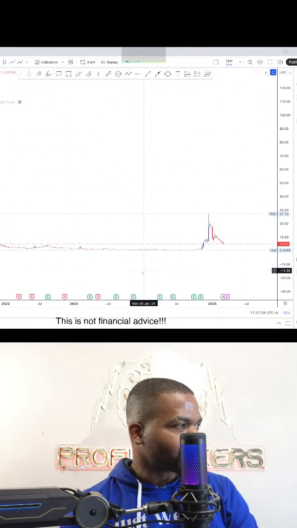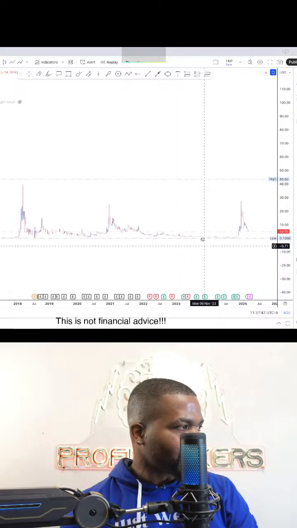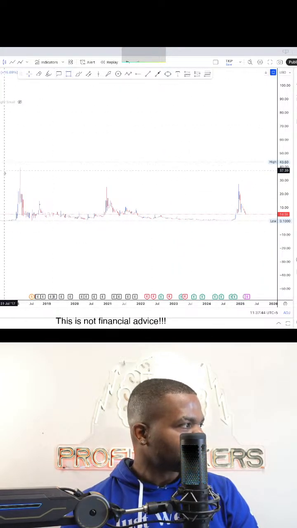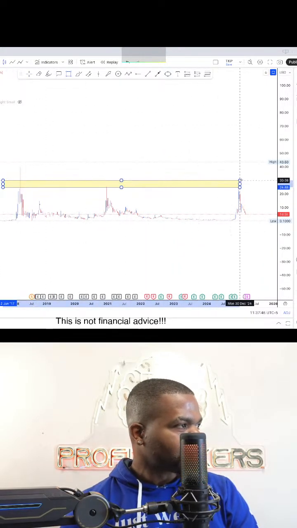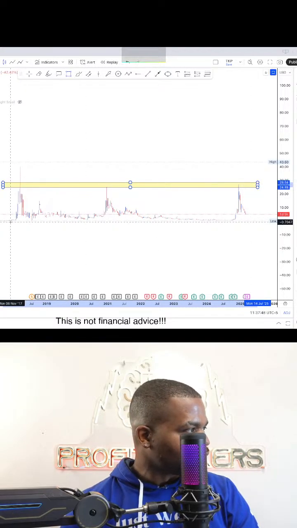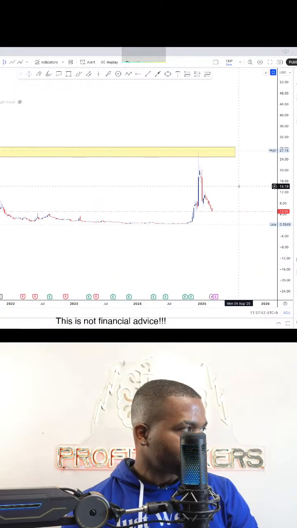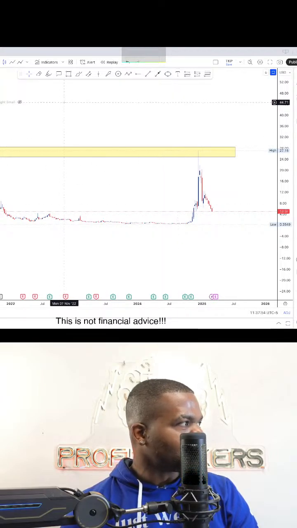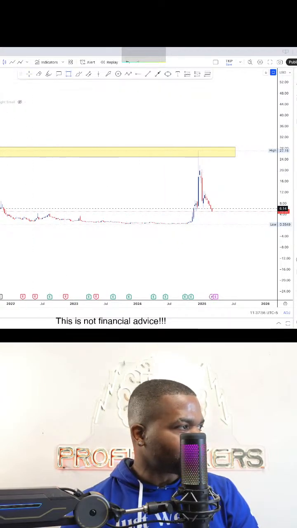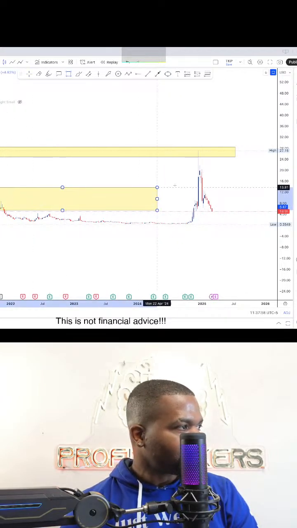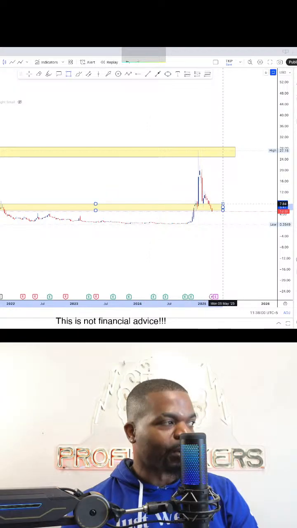But at those highs, that's the area that you're looking at. This area right here, this was definitely a key level, and it looks like it's about to be broken.